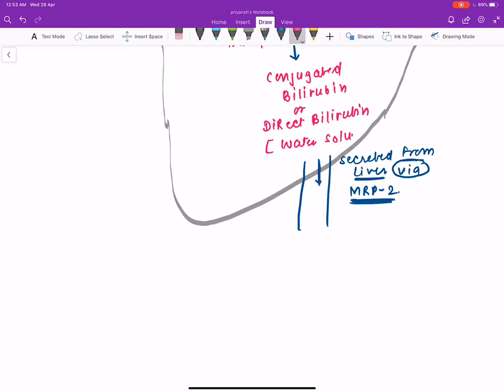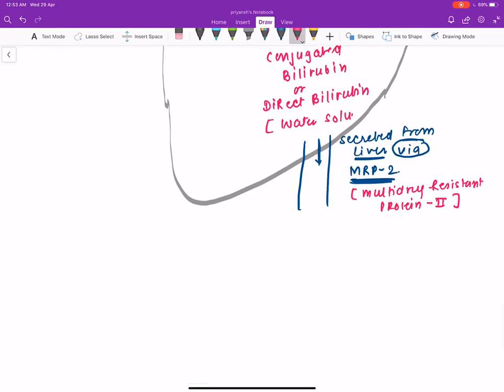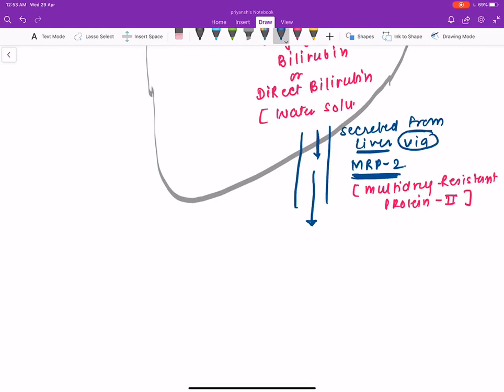MRP2 stands for multi-drug resistant protein 2. With the help of this molecule, the direct bilirubin or conjugated bilirubin molecules will be secreted into your biliary system, and this conjugated bilirubin will reach your intestine.